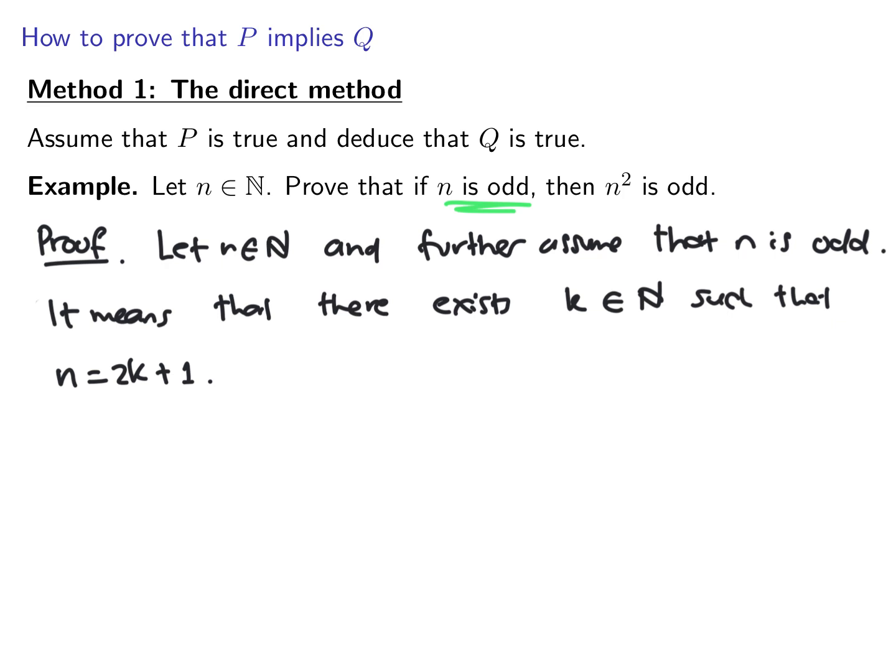Okay, now that we have n is equal to 2k plus 1, we can take the square of this number. So let's square this number. n squared is (2k plus 1) squared.